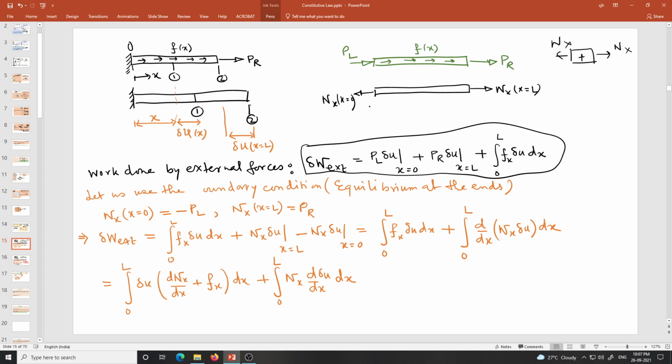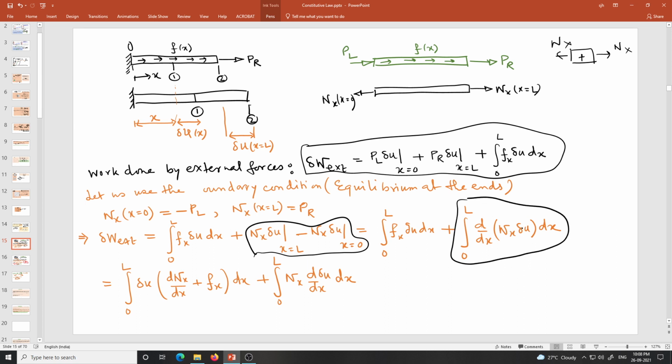Then if we consider the equilibrium at the end, we get Nx measured at x equals 0 must be equal to minus PL, and Nx measured at x equals L equals plus PR. If we substitute this into the work done expression, then we see that these N values can be replaced by this integral. Okay, this is the identity.